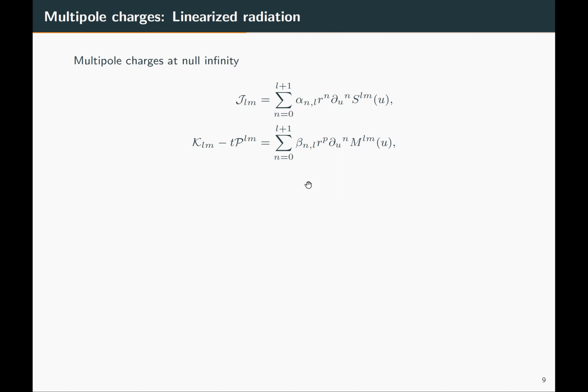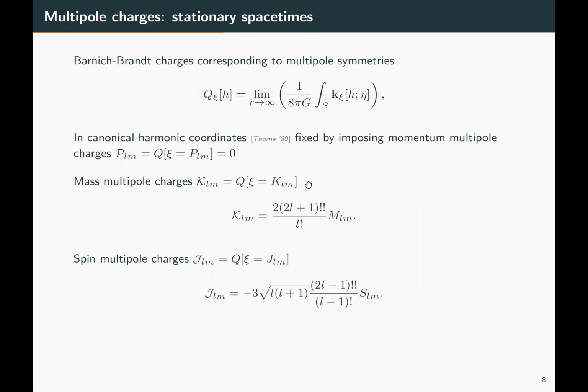So Ali, I have a question about the previous one because you went fast. Why is the P charge vanishing? It's because you're talking about static? No, because I started with harmonic gauge, but you can fix the gauge further, for example, if I go to the center of mass, I kill the total dipole.